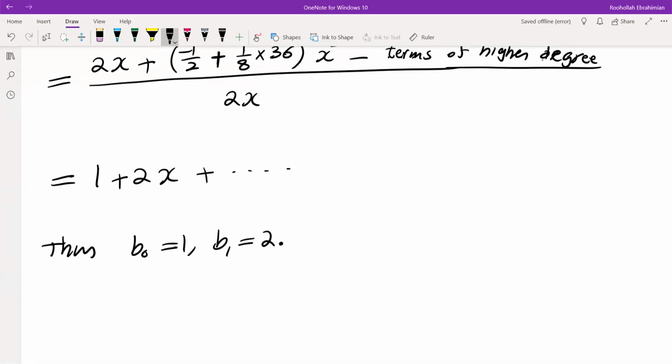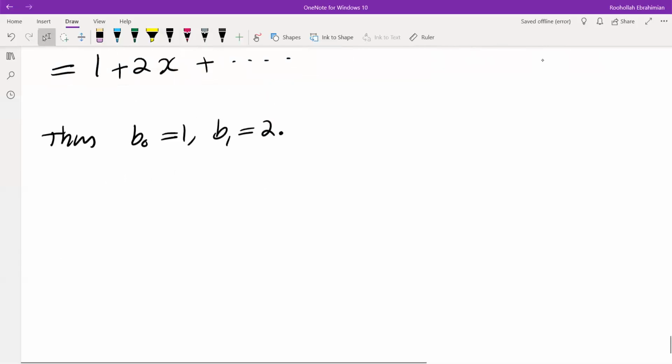Then we'll show that, in fact, f of x satisfies that key recursion.